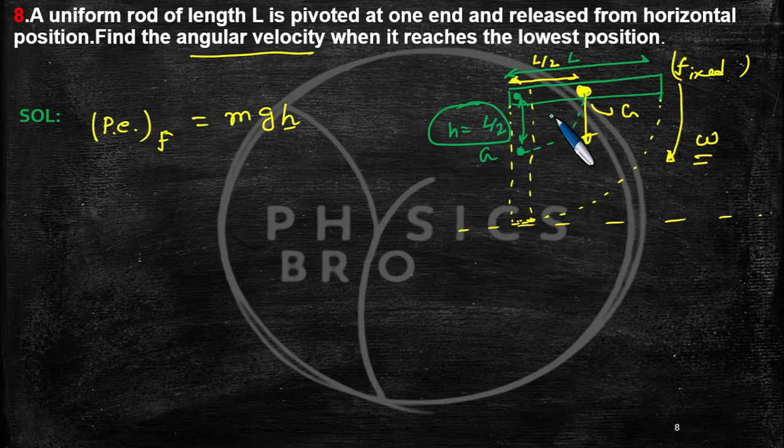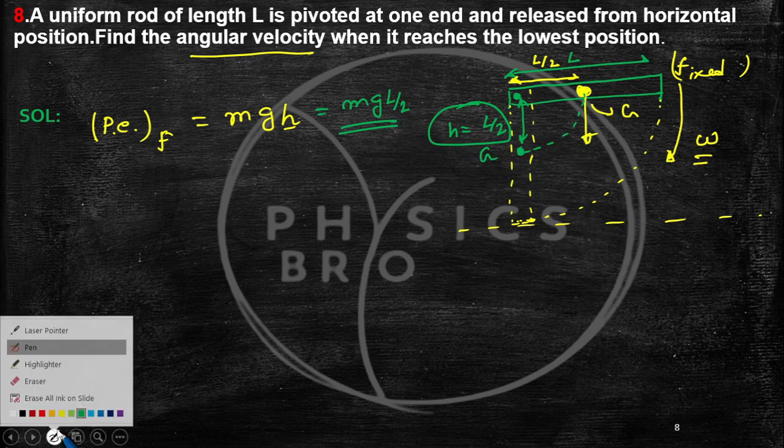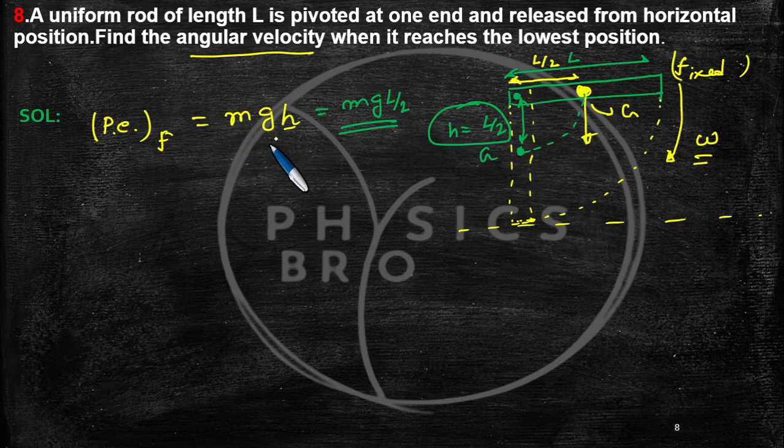Okay, h is not L but L by 2, because we have to calculate the point where gravity acts, that is the center of gravity. Clear? So this is mg L by 2. This is the change in potential energy practically. If you take that this is 0, then there is a change, and this is mg L by 2. Very important and very crucial matter.